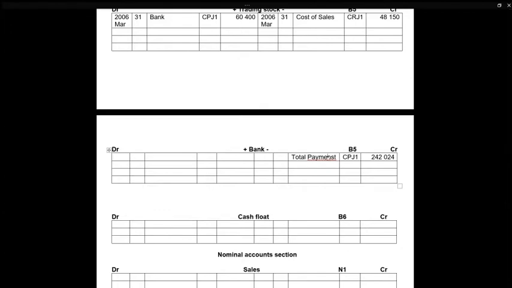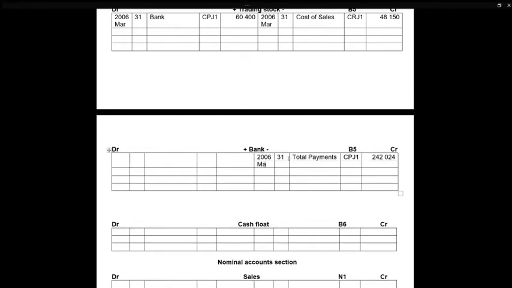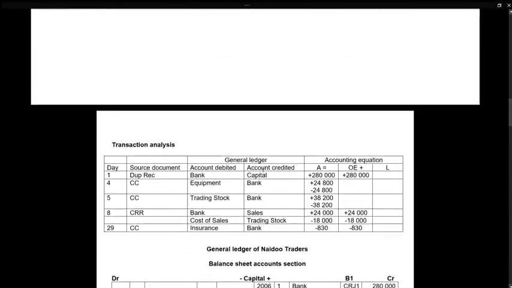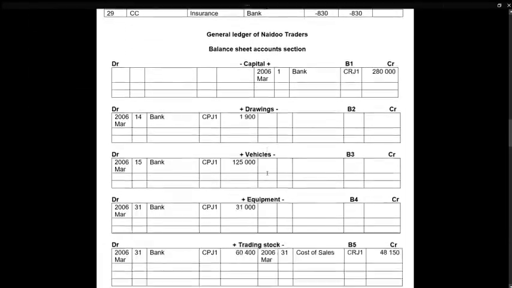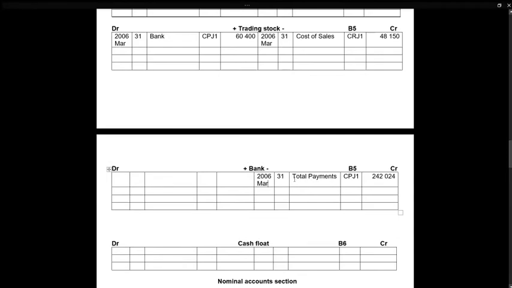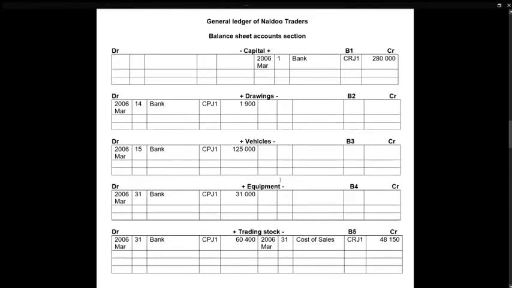Right, so total payments. This took place last of the month because it's a total of a column, 2006 and March. Sorry, before I continue. My details here, total payment. Why total payment? Why not a specific account? Let me show you.